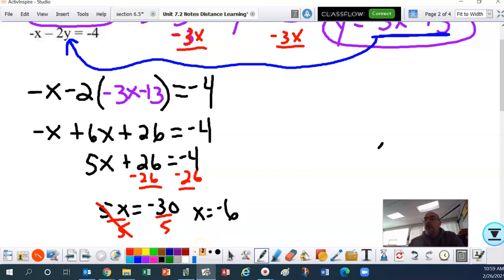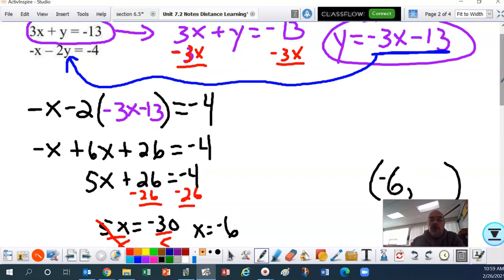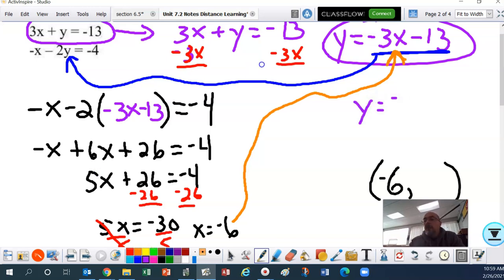Okay, so if I make my ordered pair, that's my x value. Okay, so that's step 2. All of that was step 2. Step 3, we're going to take that. I'm going to draw my little arrow here. I'm going to take that value and I'm going to go and plug it into this x because I want to know what y is. So I've got y equals negative 3.